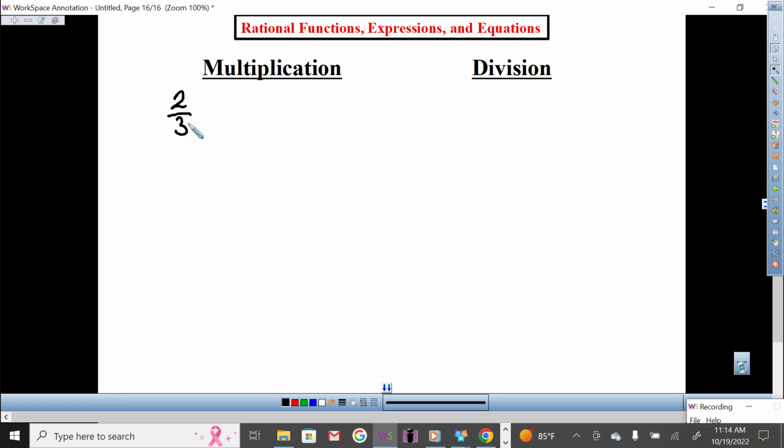2/3 times 3/4. So, how do we do that? Well, numerators times numerators, that's 2 times 3 is 6. Denominators times denominators, that is 12. Next, can we simplify this to lowest terms?